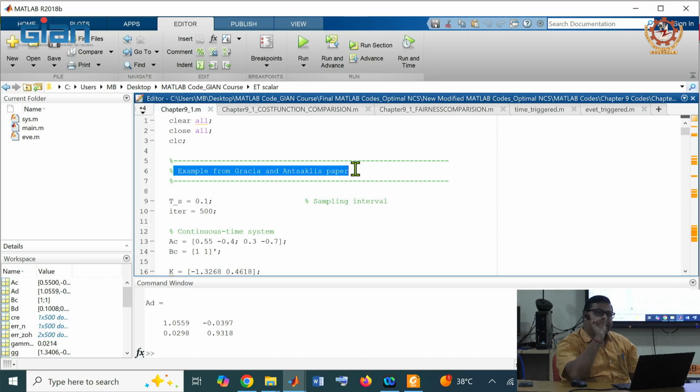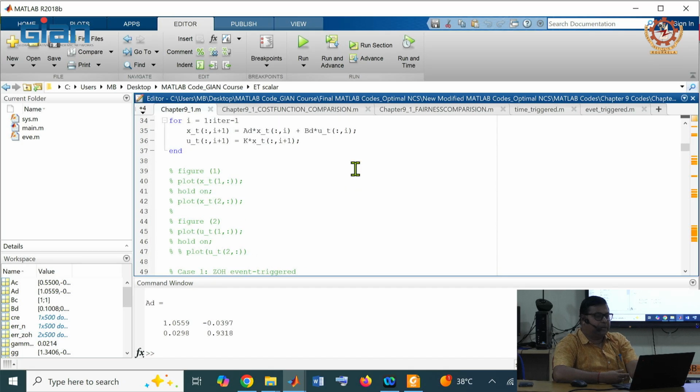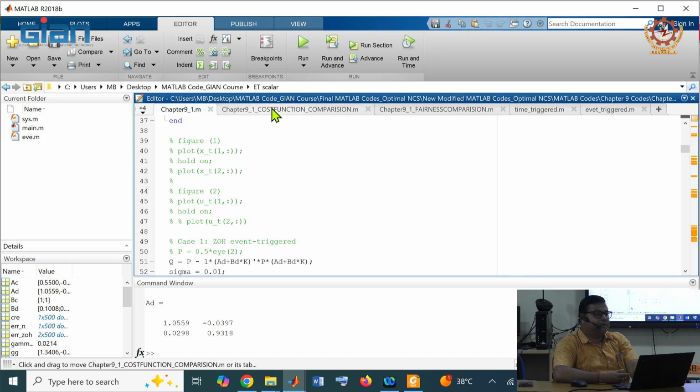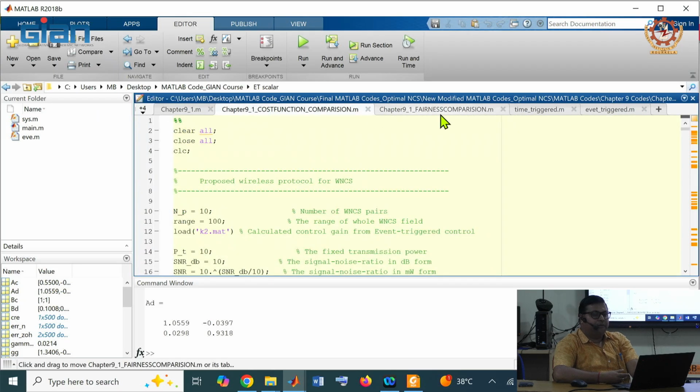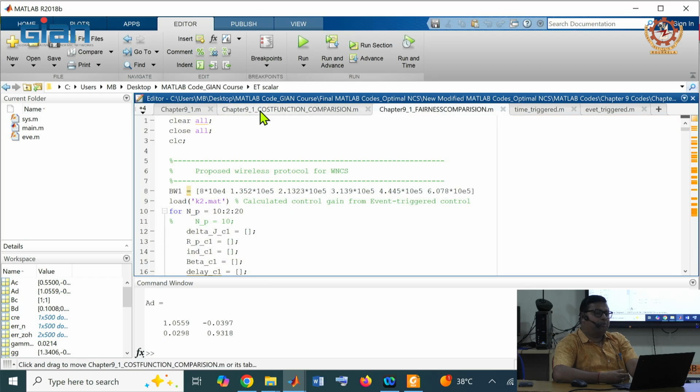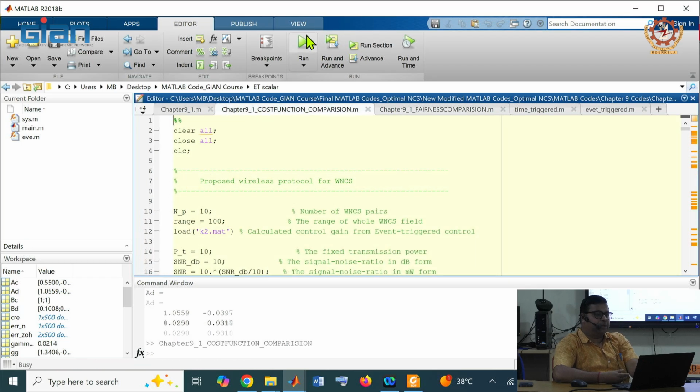In the table, you will find what your system is, what the control law is, and the other necessary things. You will find four or five steps written, which will be a great help if you use them for programming. It is summarized. No need to really look into the details of that. Details you definitely have to see, but for programming, you can do it this way. Also you will see cost function comparison, fairness comparison, all these comparisons are there.